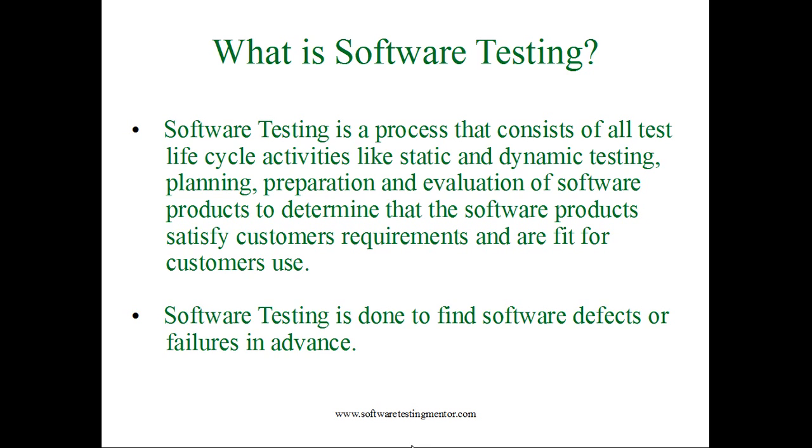You do static testing, dynamic testing, planning, preparation, and make sure the delivered software is fit for customers' use. The other part is you find defects in advance before releasing the software for end users, so that there are minimal chances of failure of software in the live environment, in the production environment.